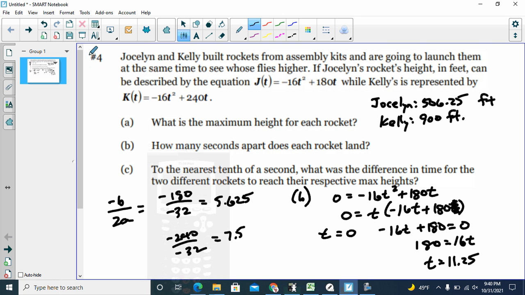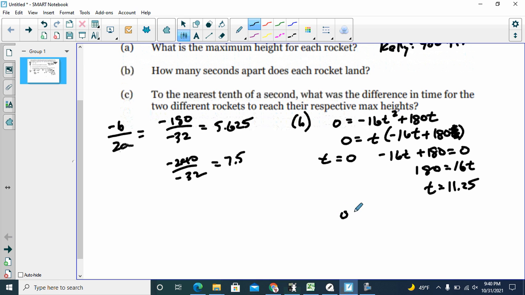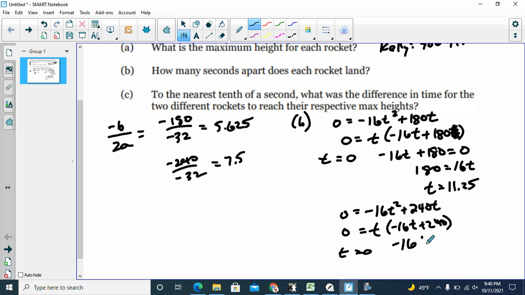We do the same thing with Kelly's rocket to find how much time it takes hers to reach the ground. Hers is on the ground at 0 seconds, which makes sense.